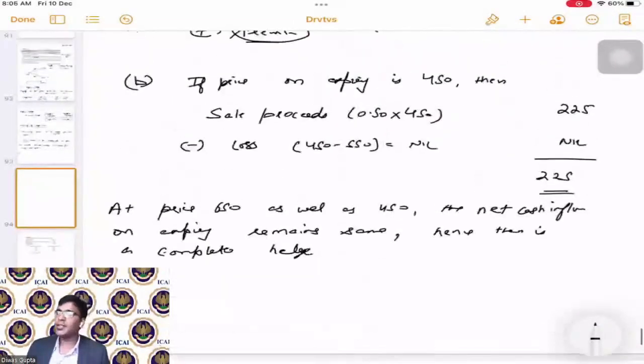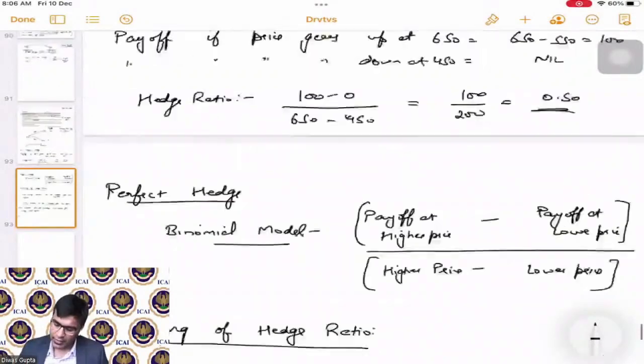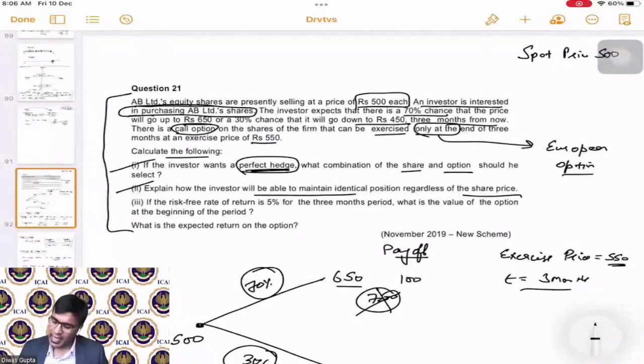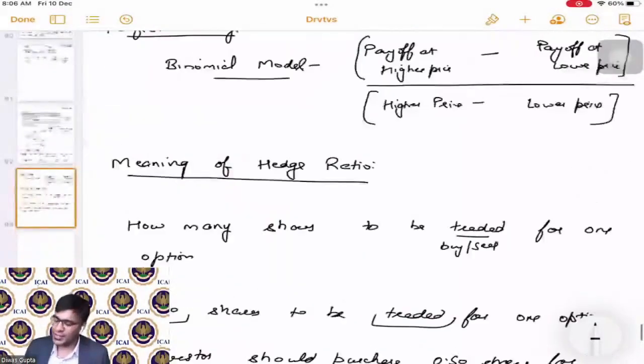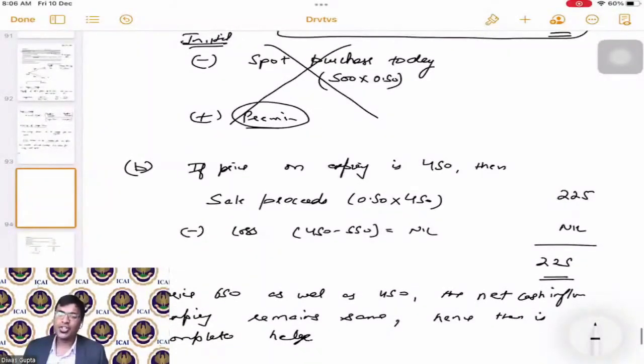Because of this information only, this person, Mr. X or Mr. AB Limited, an investor, whosoever this investor is, is very much estimating that there cannot be any other price. Hence, he is very sure.